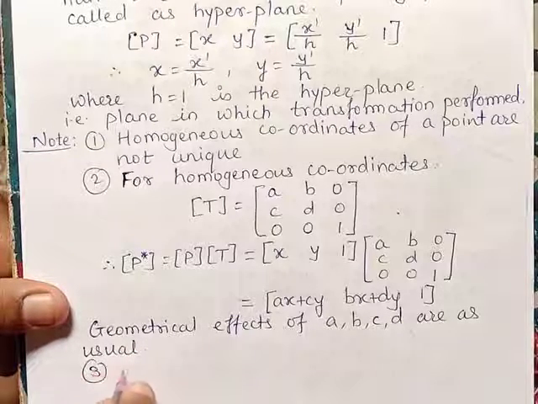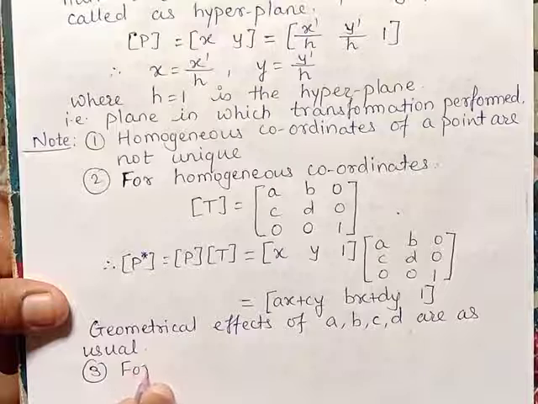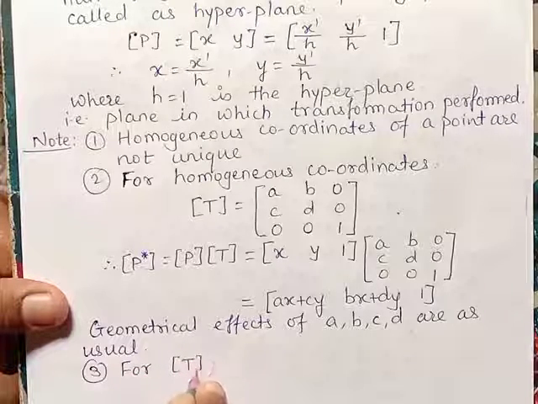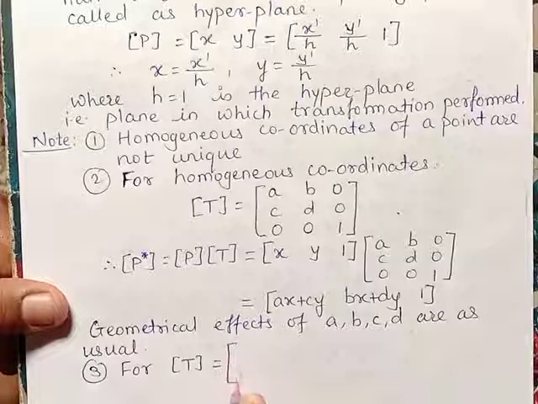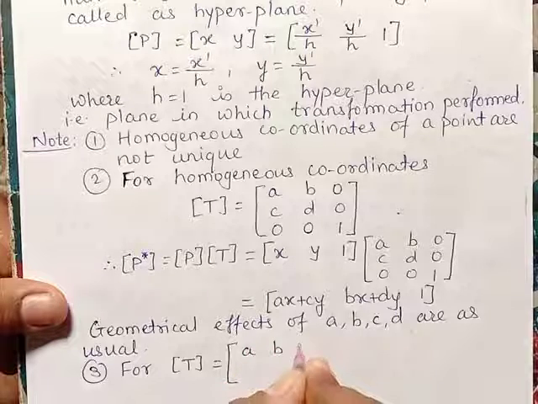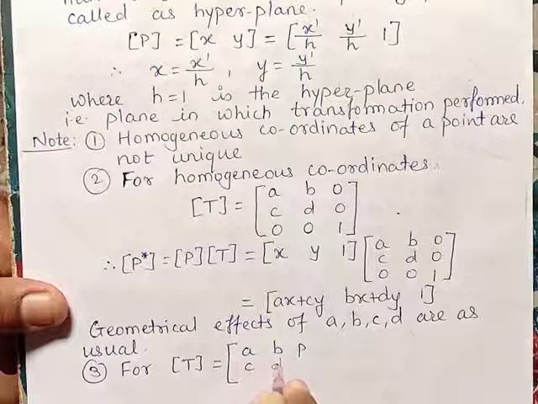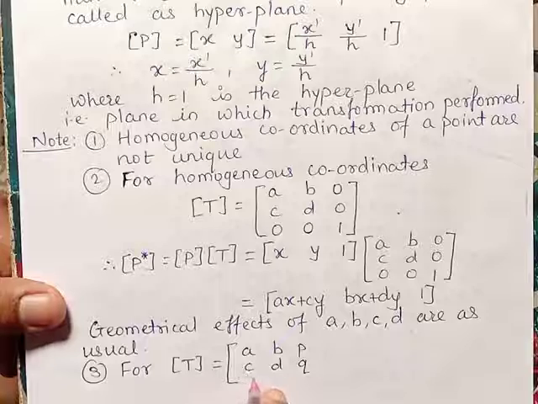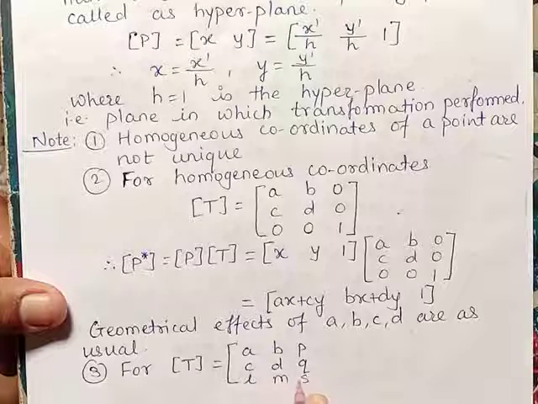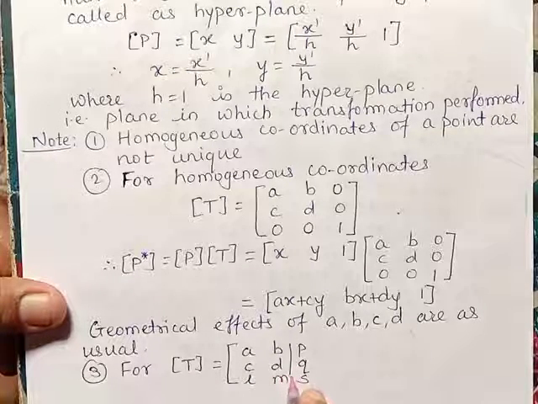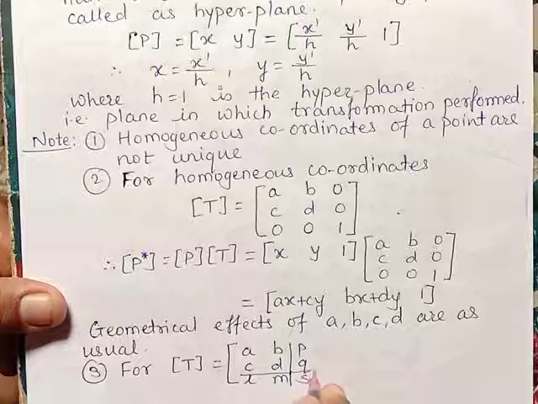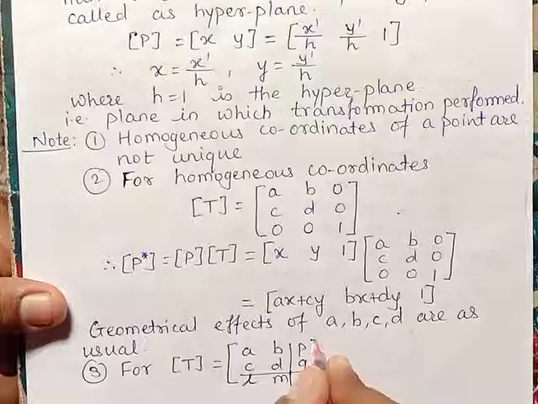Third, for T equal to a, b, p, c, d, q, l, m, s, here it will be partitioned as such.